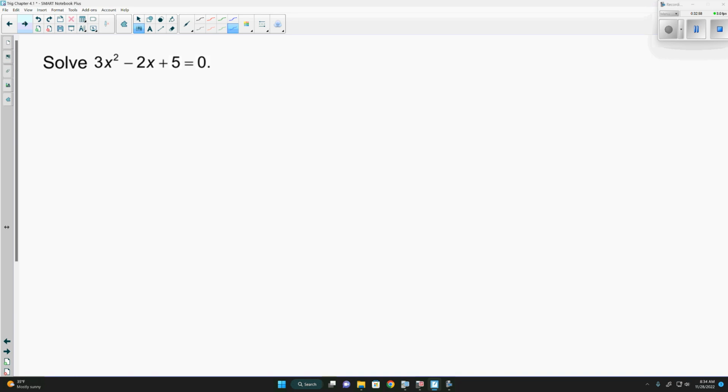Now, we can normally look at this and try to see if we can factor it or use any other methods. But given the fact that the entire lesson today is over complex solutions, imaginary numbers, most likely this is not going to factor. So we can use the one method that does work every time, our quadratic formula.